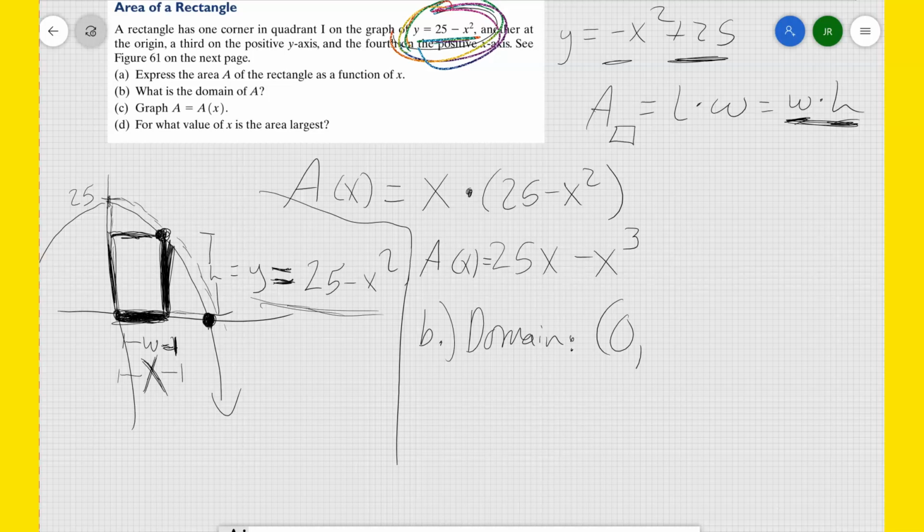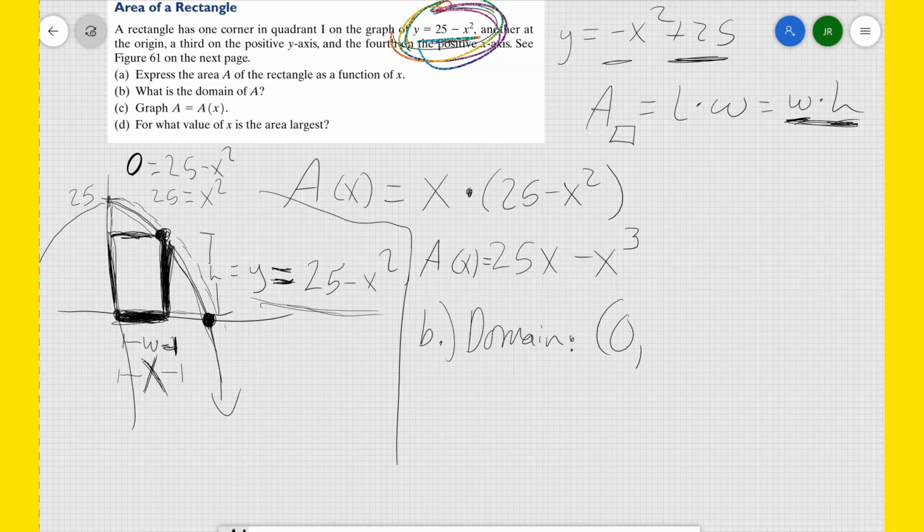The way that I find that is I can just find the x-intercept of this parabola by saying 0 equals 25 minus x squared and solve it. Move the x squared over, and you get 25 equals x squared.